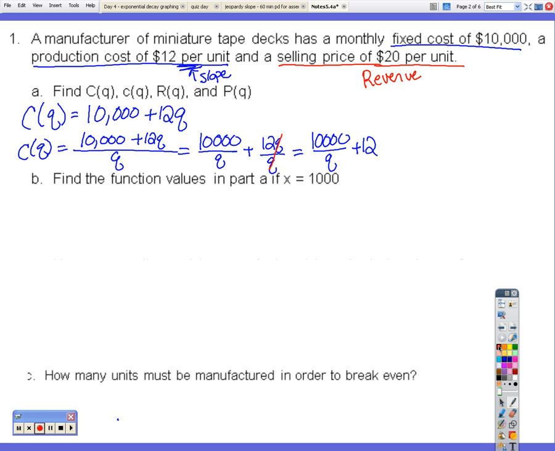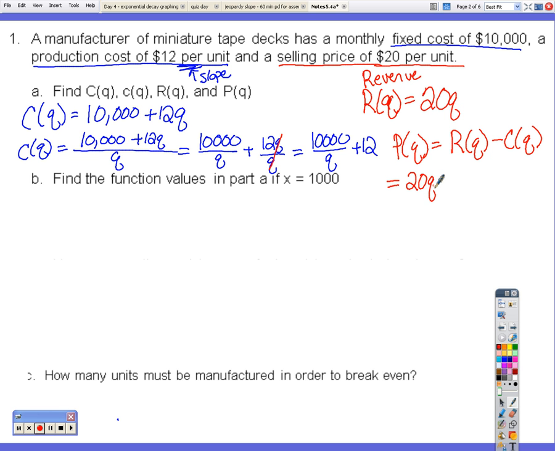Now for the revenue, that's for the money we earn. We earn $20 per unit. And lastly, for the profit, that's the revenue minus the cost. And you have to be really careful when you subtract your cost equation, because we're going to have to distribute the negative.